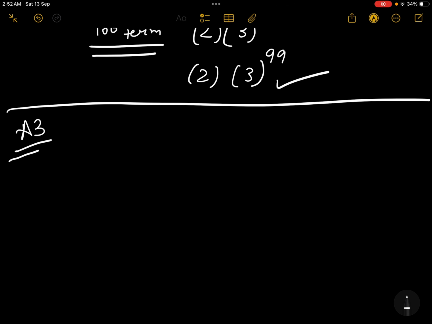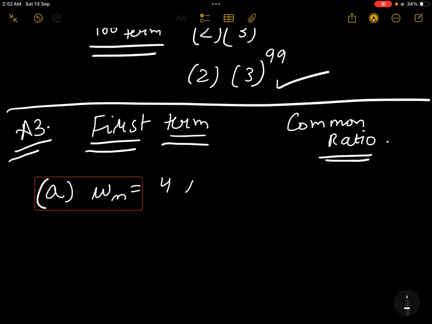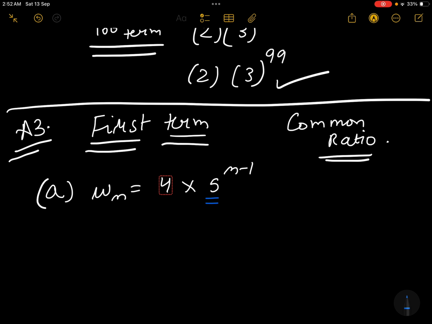Question number 3: you have to find the first term and the common ratio of these geometric sequences. In part A, Un is equal to 4 into 5 to the power n minus 1. R is very easy: it is the base of the n minus 1 power, so the common ratio is 5.